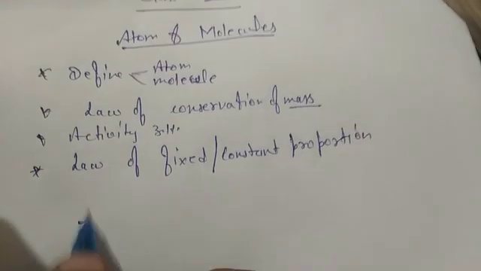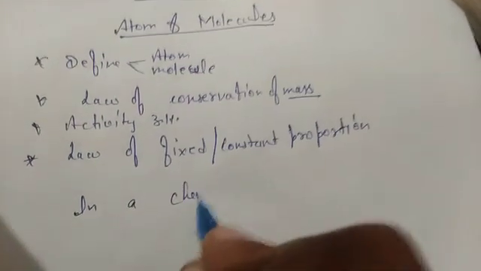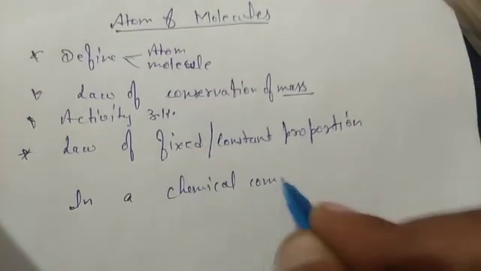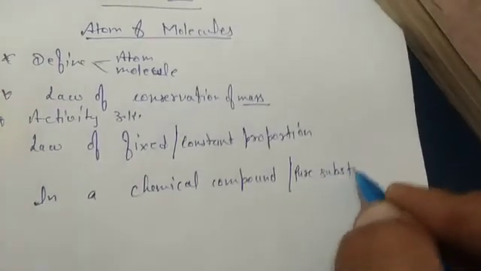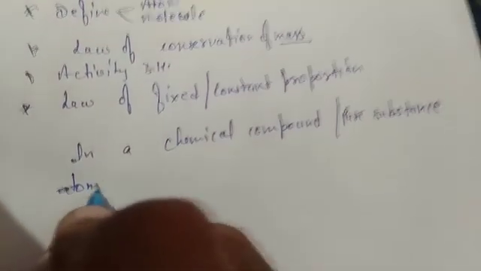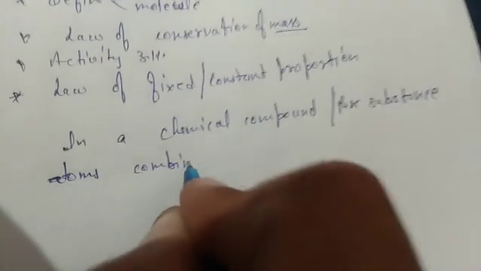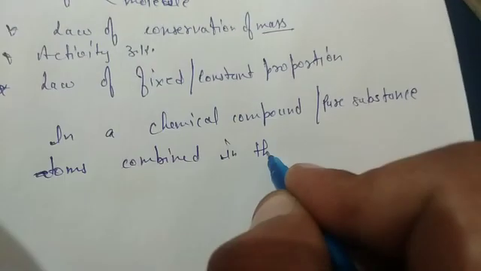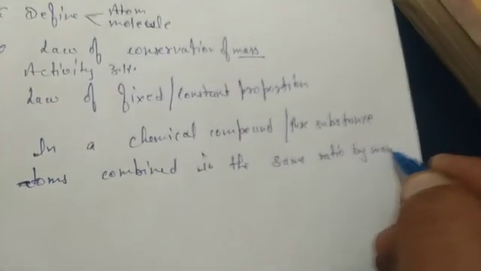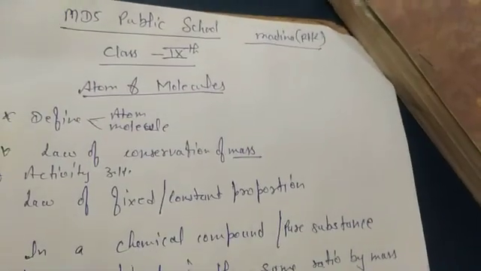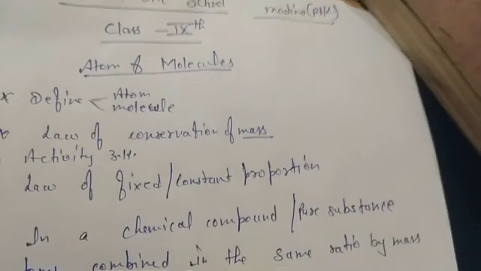In a chemical compound, or you can say in a pure substance, atoms combine in the same ratio by mass always.